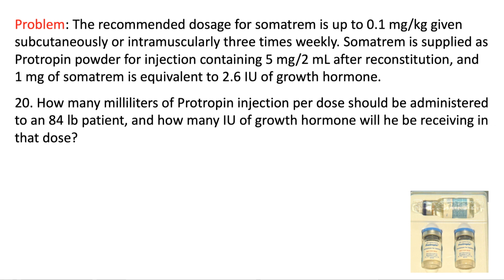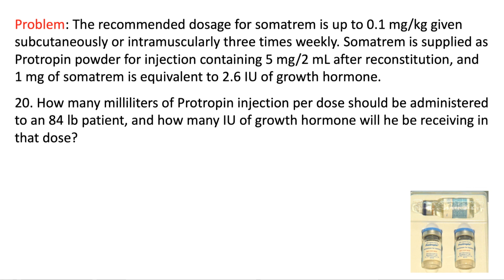So, and you can kind of see those pictures of those vials down here. So we got this drug, Somatrem or Protropin. It's dosed at 0.1 milligram per kilogram, either subcutaneously or intramuscularly 3 times per week. Okay. Now, if you look on those vials down there, it's supplied as this powder for injection that contains 5 milligrams per 2 milliliters after it's been reconstituted.